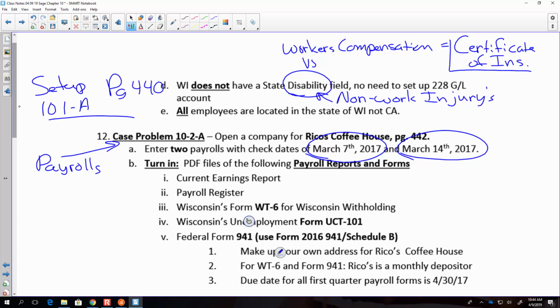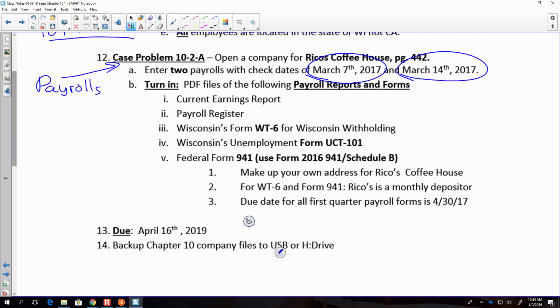And then I've identified the three tax forms that you have to create from Sage. Sage does not do the WT, the ST12, the sales tax.